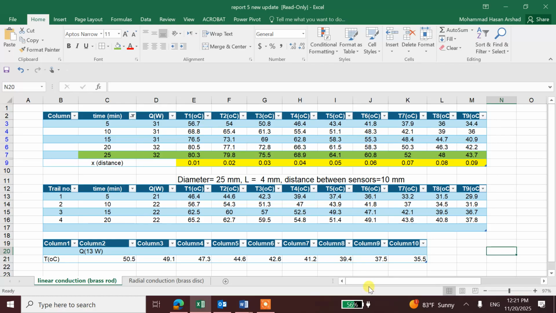So if you have data like this, you can see this is with time. And then we have T1 to T9. This is the actual position. What we have is a cylinder, and we are heating at this point.